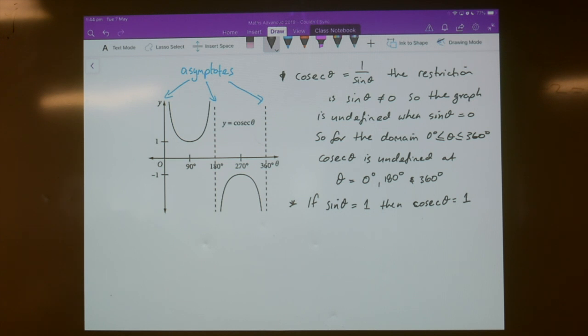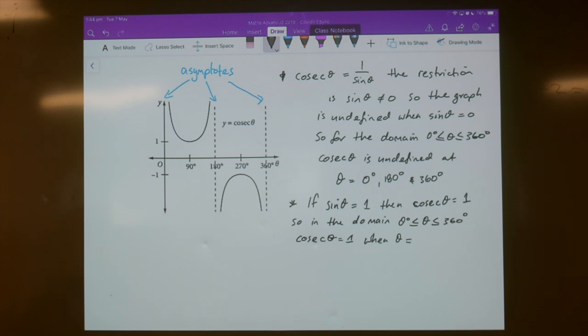Okay, so in the domain of our section there, cosec theta equals 1 when theta equals what?